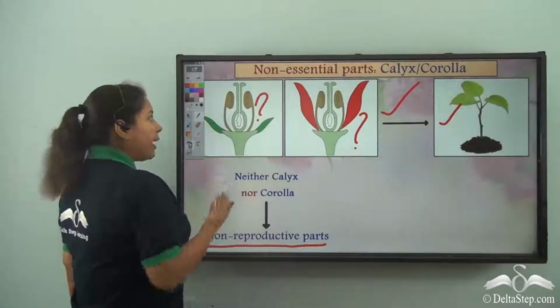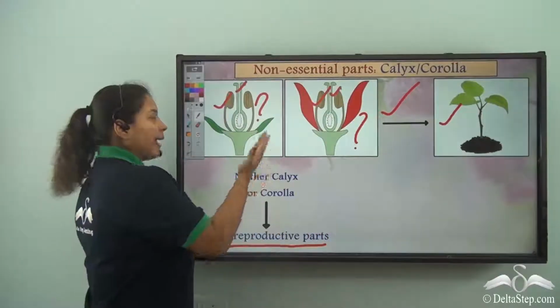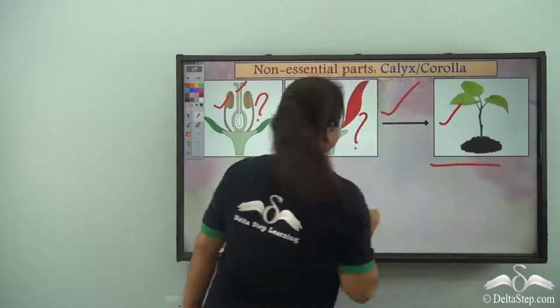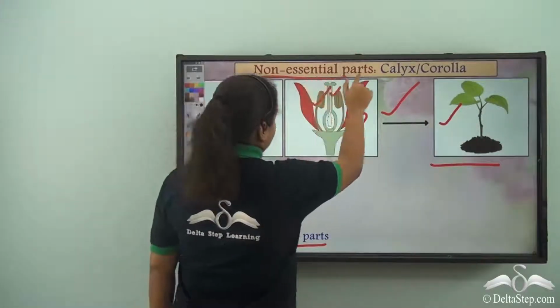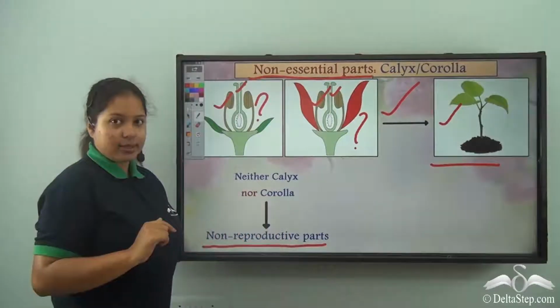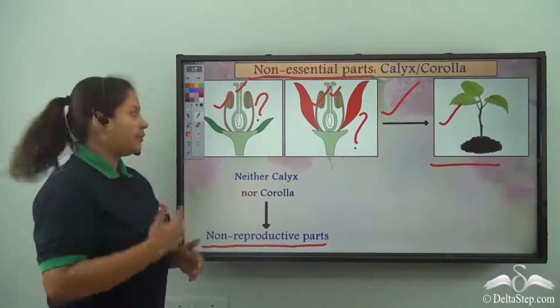So, if a flower has androecium and gynoecium, they can give a plant. So, calyx and corolla are known as the non-essential parts because without them as well, we can get plants from flowers.